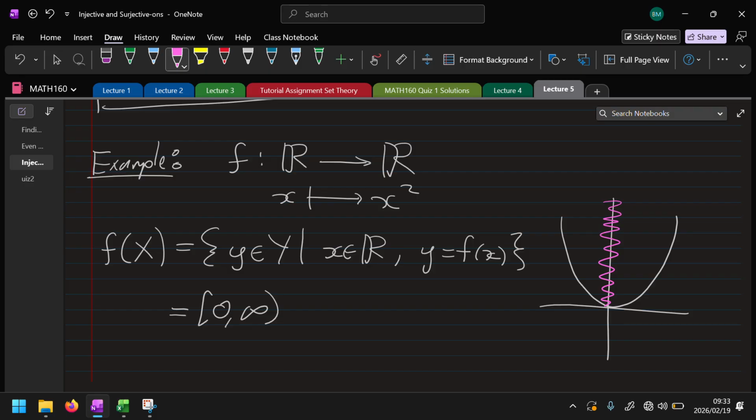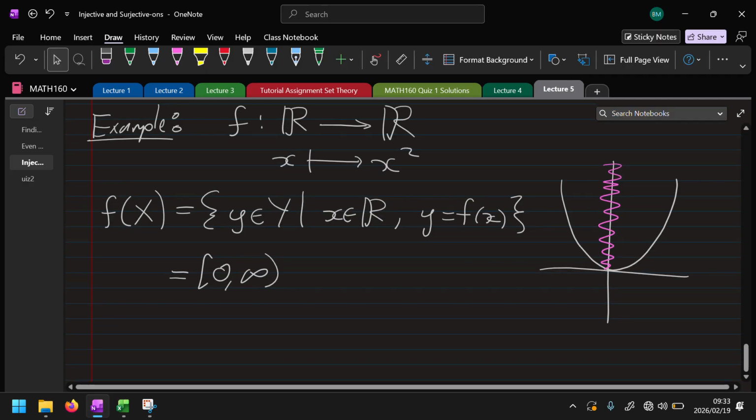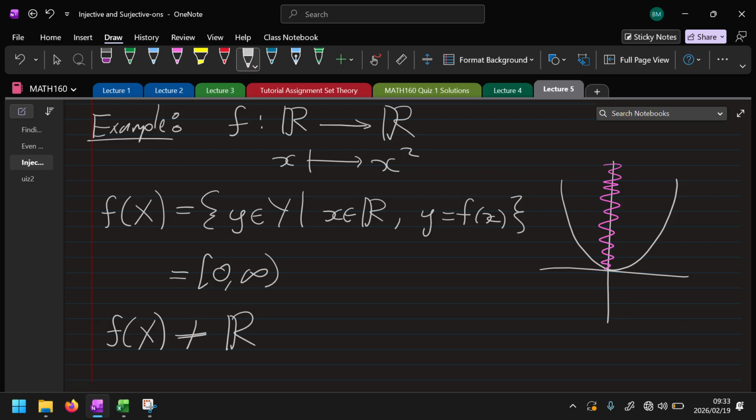No, they're not the same. These are the positive numbers. That's the range. What's the codomain? All real numbers. So they are not the same. So here we have that the range is not the codomain. This is not surjective.